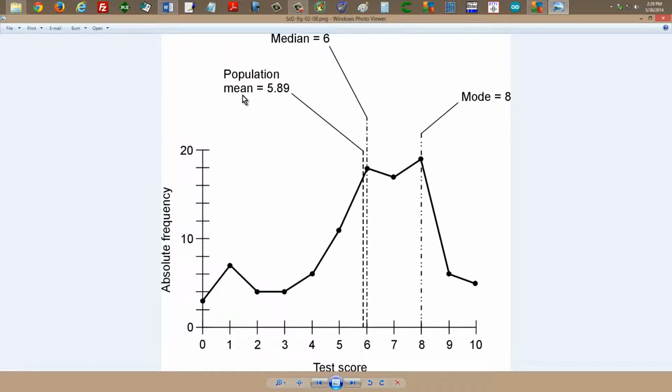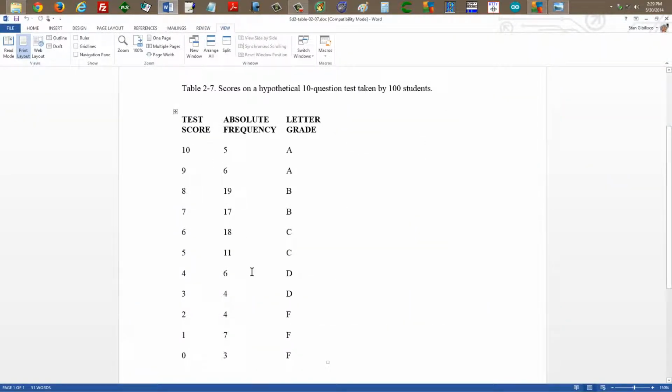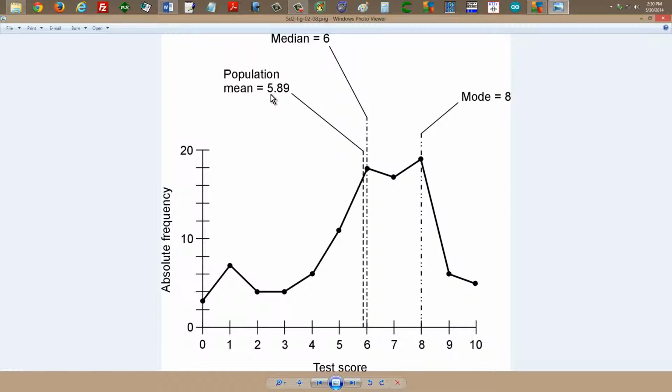Now the mean is simply the average score attained by all the students. So you just add up all of the scores in this table. Like, for example, 10 and 5, 9 and 6. You just add all of these results up and then divide by the number of students, and you get the average score.